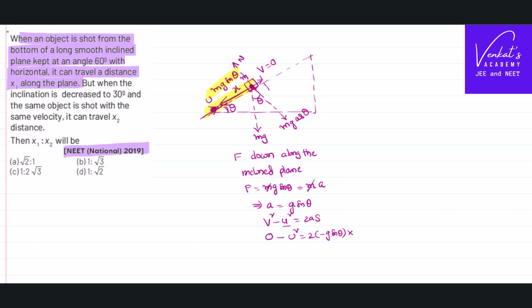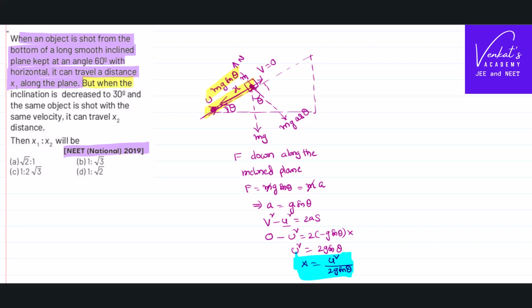So u square equal to 2g sin theta into x, since minus and minus will cancel. So x equal to u square by 2g sin theta. That's an important observation that we need to make before we proceed and read what is given in the problem.